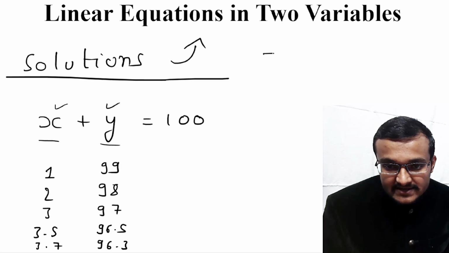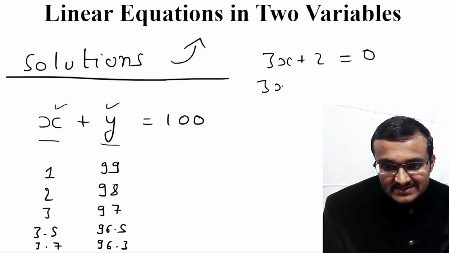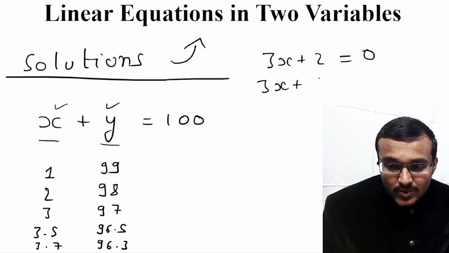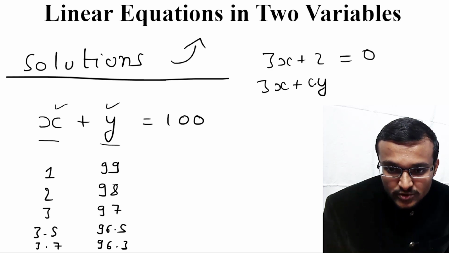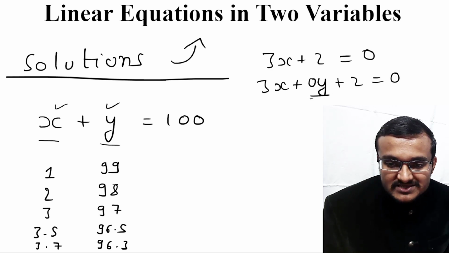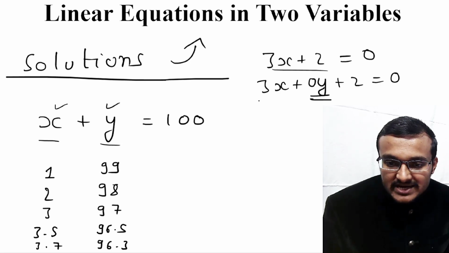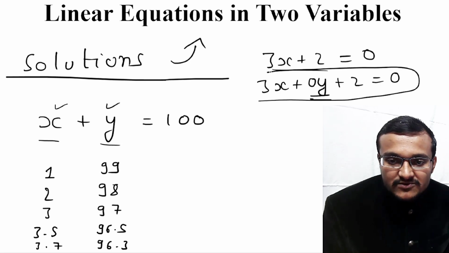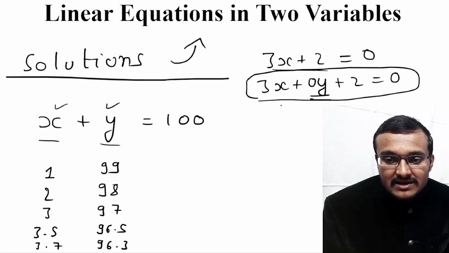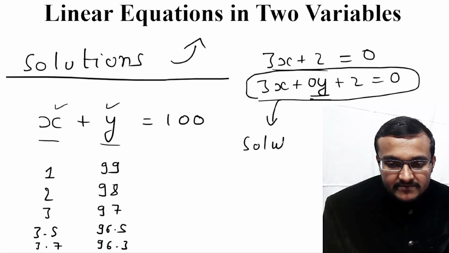And now if I take the 3x plus 2 is equal to 0 example, here I can write this as a linear equation in two variables by adding one variable, that is y, with coefficient 0: 3x plus 0y plus 2 is equal to 0. So that means this entire term becomes 0 and 3x plus 2 will be remaining again. So here also we have a linear equation in two variables, but here the number of solutions is 1.